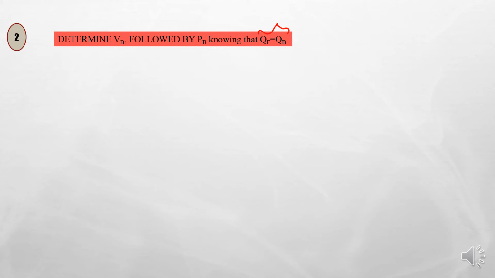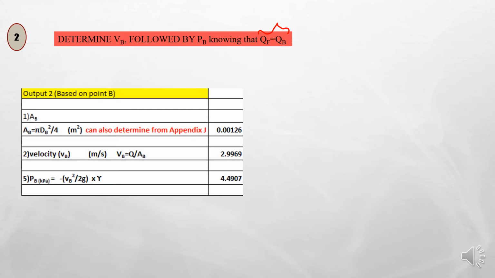Therefore, we will get the VB from the QF, which is equal to QB, by dividing Q by AB. For the area, there are two methods. Either you can calculate the AB by using this equation, or you can get it from appendix J, but the value is not very different.